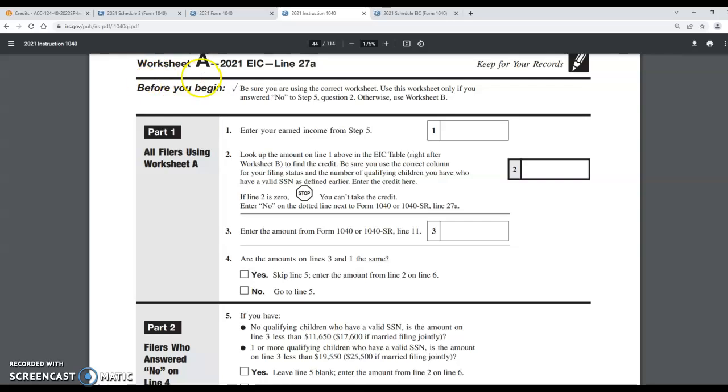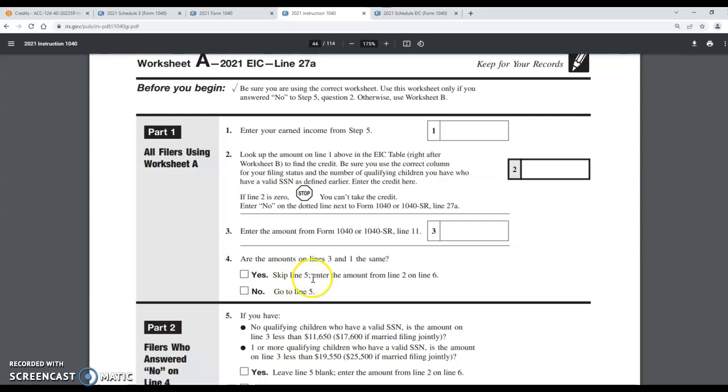Okay, so we're back at Worksheet A. We had 30,000 earned income, and 1939 is now in box 2. Box 3, enter the amount from line 11. AGI is line 11, the magic number, and so that was also 30,000. Line 4, are the amounts on line 3 and 1 the same? Yes.